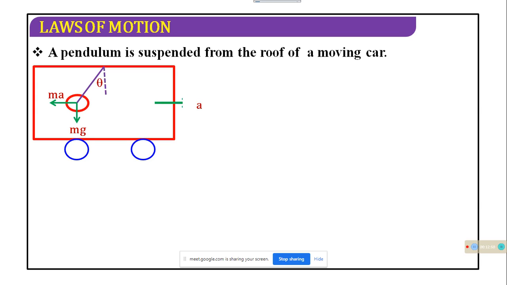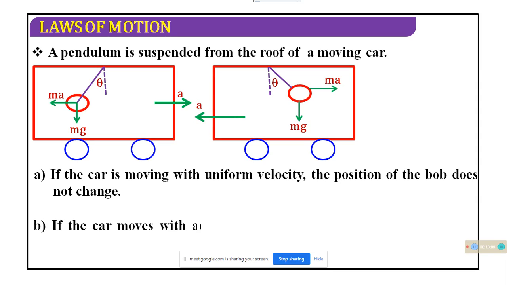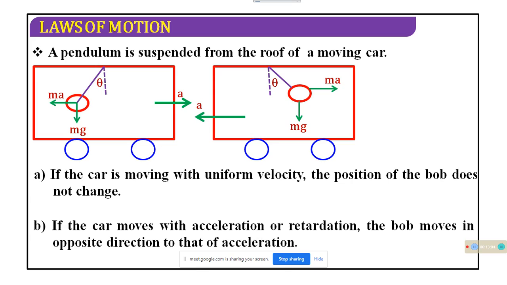This is the object, with mg and the acceleration in this direction, and this is the second object, the pendulum, which acts at angle theta. The weight is always downward. The acceleration of the first object is to the left and of the second object is to the right.